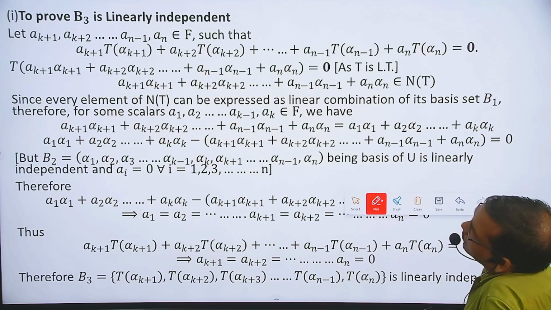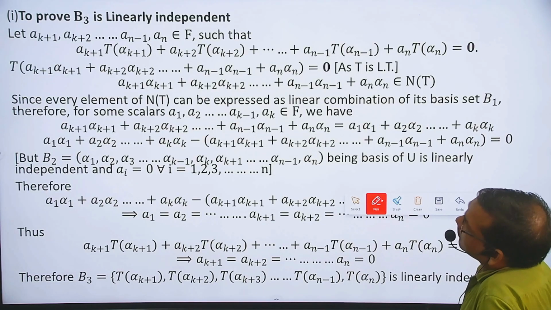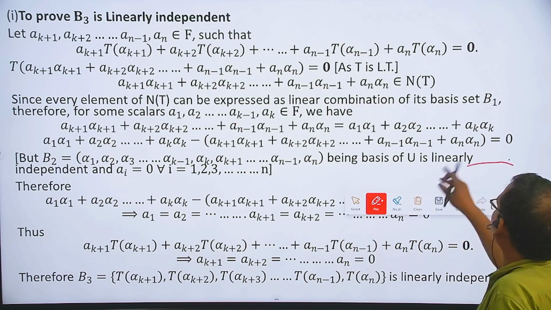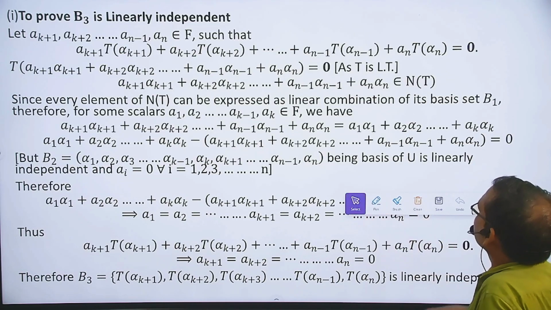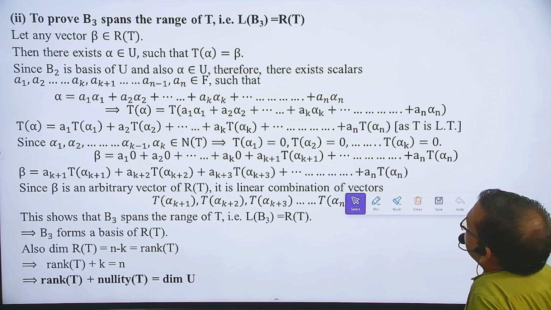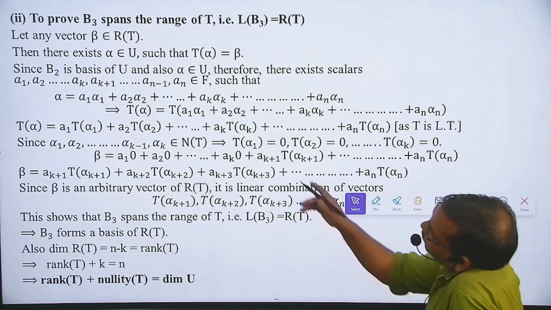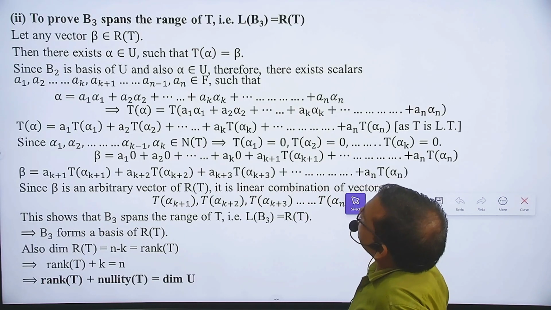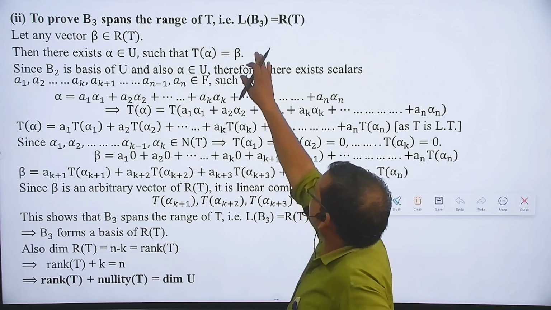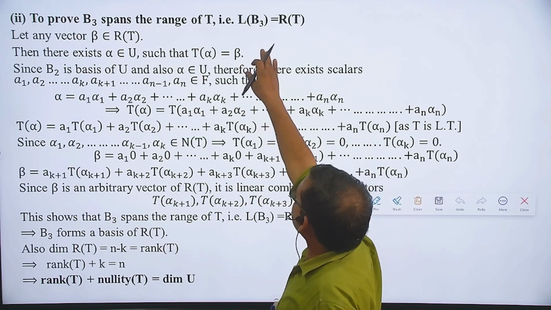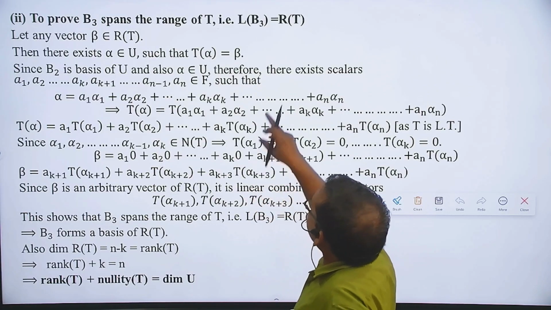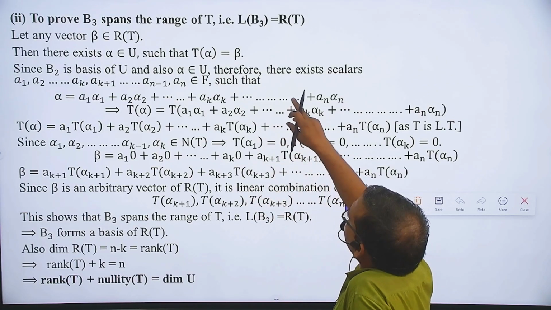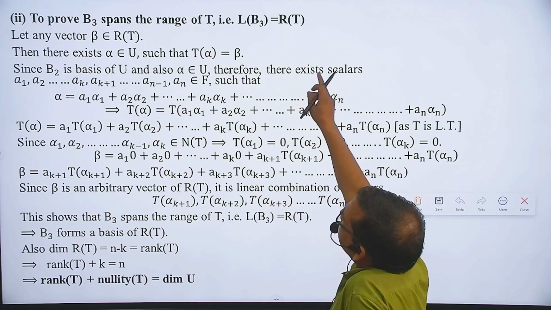Now next we will prove that B3 spans R(T). To prove that B3 spans the range of T means the linear combinations of the vectors in the basis B3 give R(T), the range space.